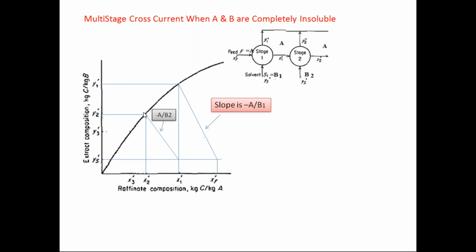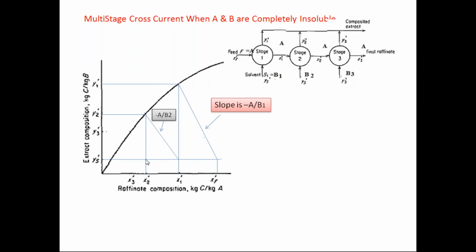Okay, this is how you will get the concentration of the extract phase and the raffinate phase. That means Y2 prime and X2 prime will be obtained. Then once you obtain this, it will go into the third stage. In the third stage, this will be the feed, and again the solvent quantity maybe is less, but the concentration is the same.